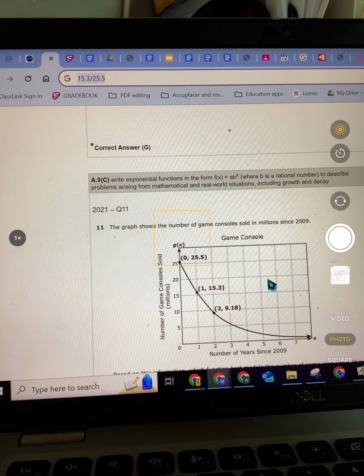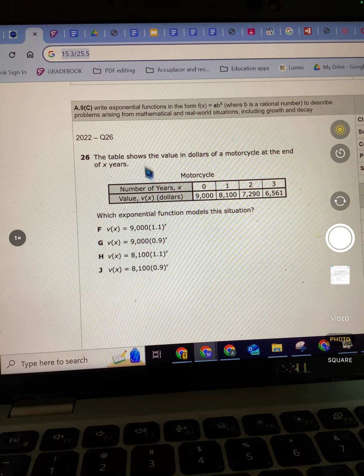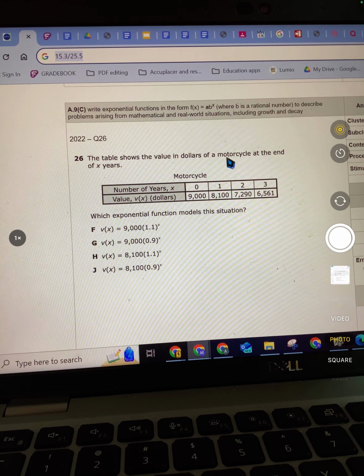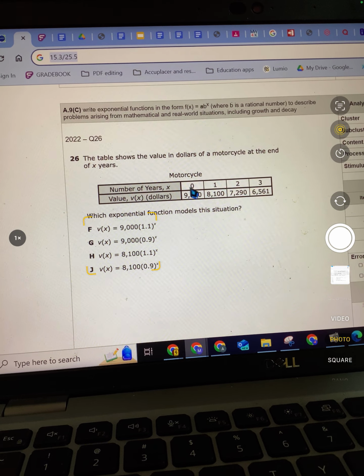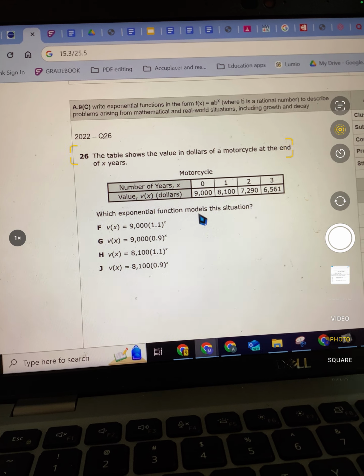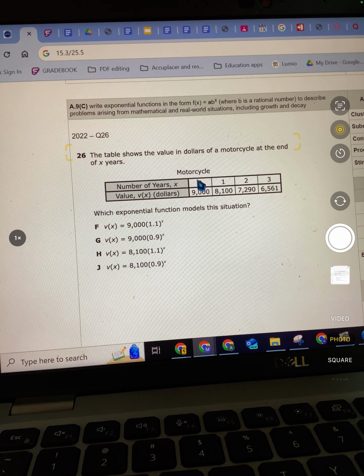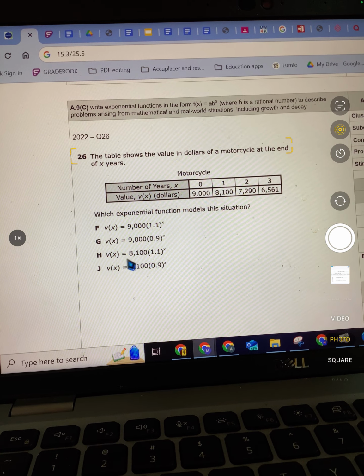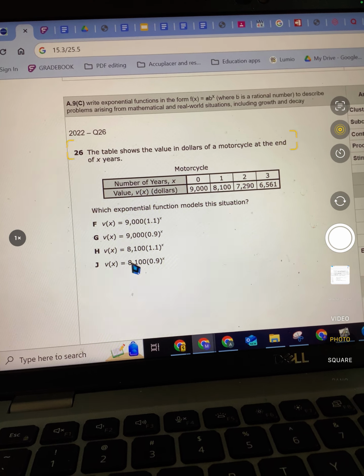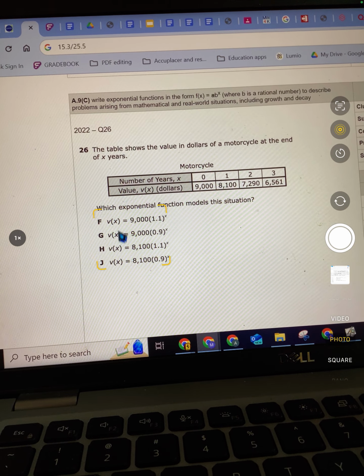Let's do that one. The table shows the value in dollars of a motorcycle at the end of x years. You'll notice x is 0 here. The 9,000 is here. When I start looking at these choices, when x is 0, y is 9,000, I can already cross off H and J. I only need to worry about F or G, these two choices here.